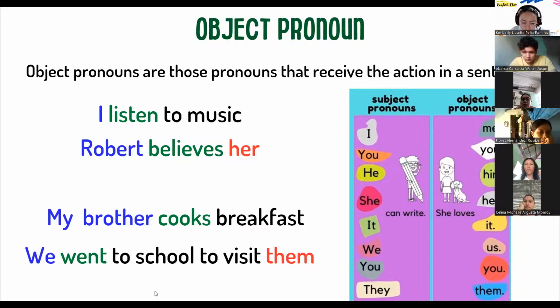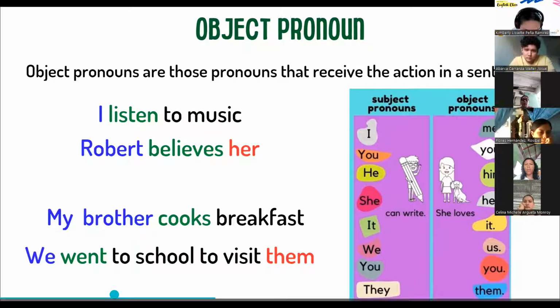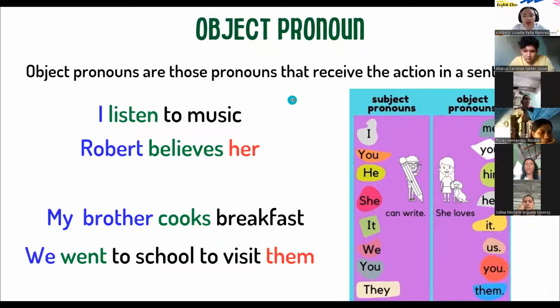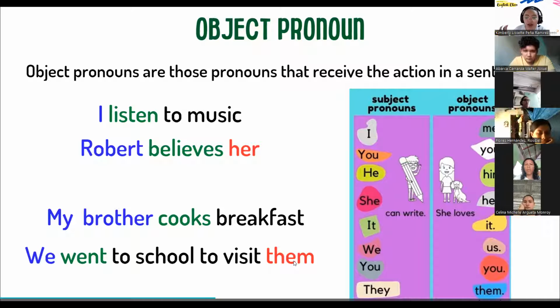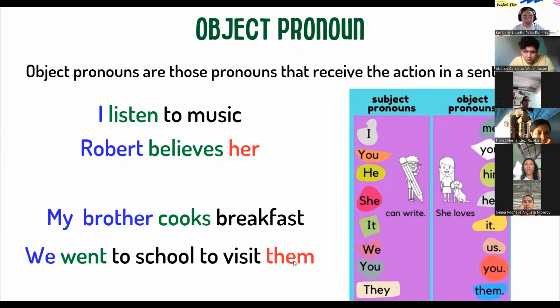Object pronouns: me, you, him, her, it, us, you, them. Okay, very good. So the object pronouns, guys, are the objects that are receiving the action of the sentence.